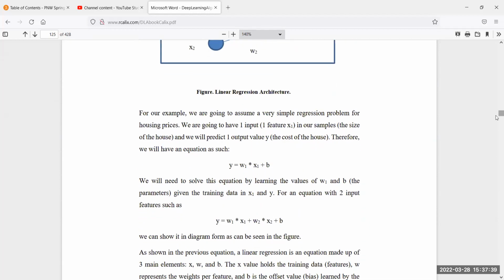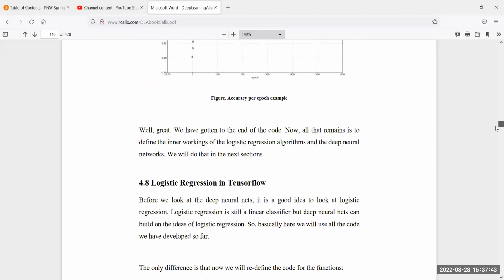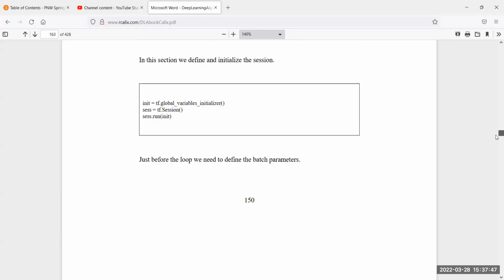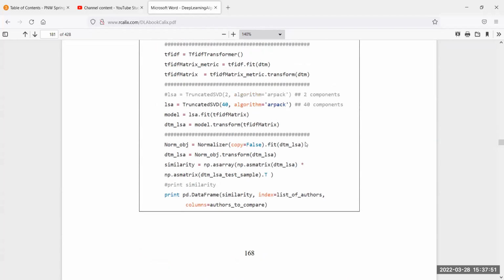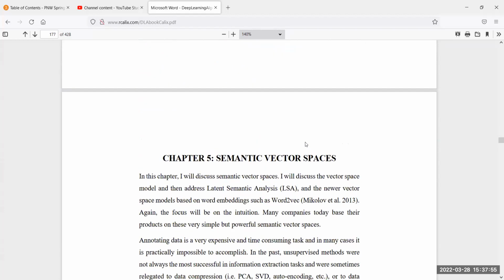I'm really lost here. Oh, here we go. So semantic vector spaces, right? That's really what we're talking about here.